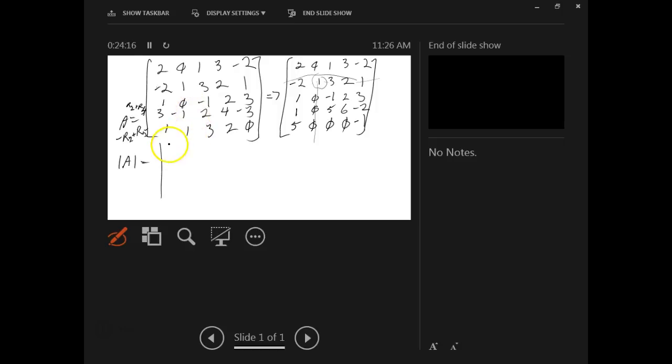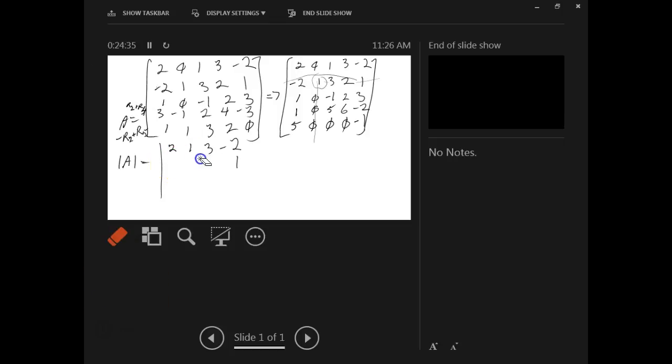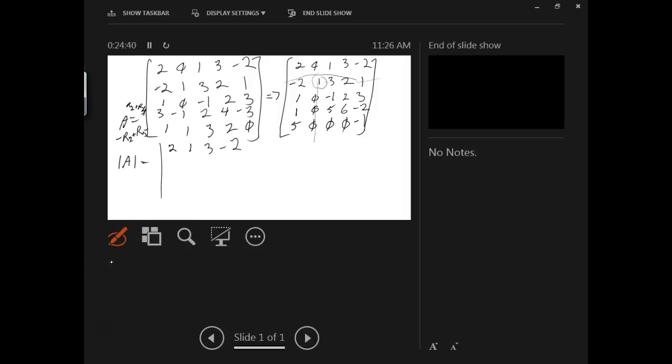Let me write that down. 2, 1, 3, negative 2, negative 2, 3, 2, 1. Oops. That was the row I was using, so mine didn't go all the way through, so I messed up there. So the next one is going to be 1 minus 1.